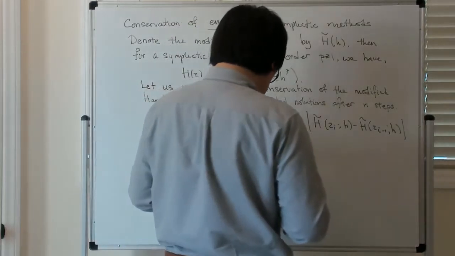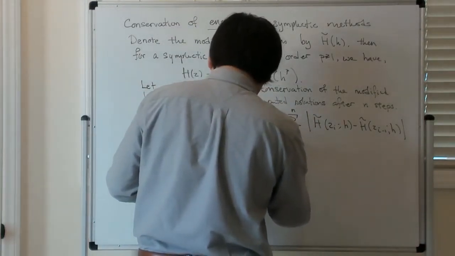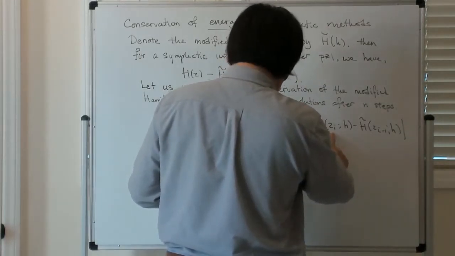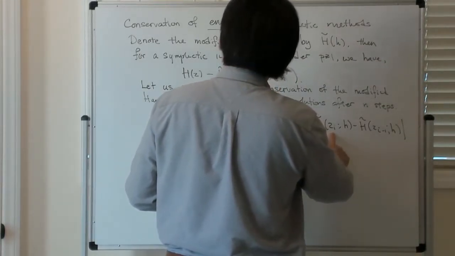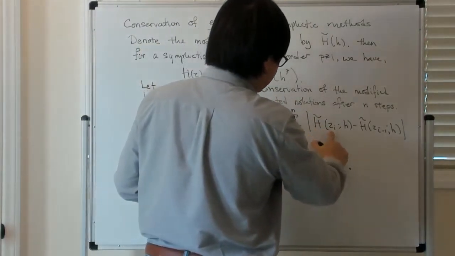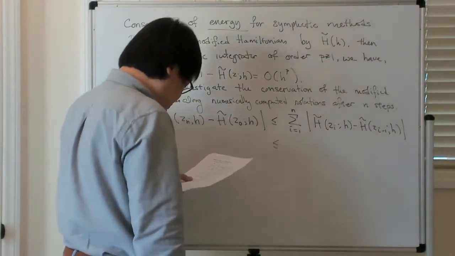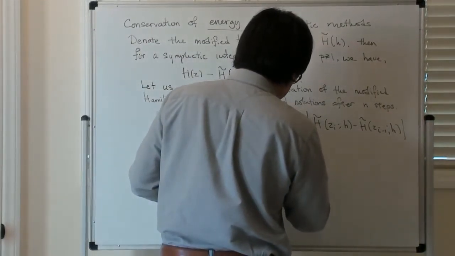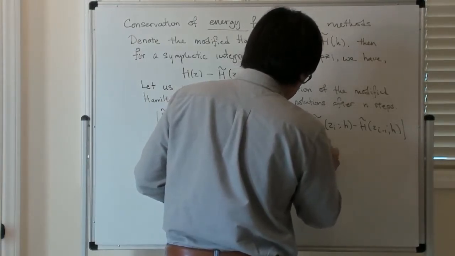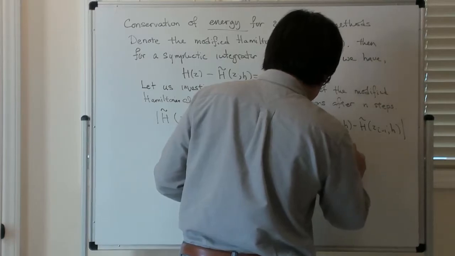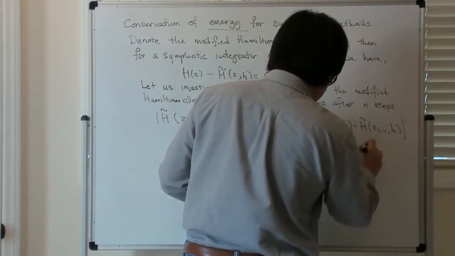So this is less than or equal to, so I'm going to write Zi as the one-step method applied to Zi minus 1. Okay, so this is less than or equal to the sum from i equals 1 to n of H tilde, the one-step method applied to Zi minus 1, on the one hand.